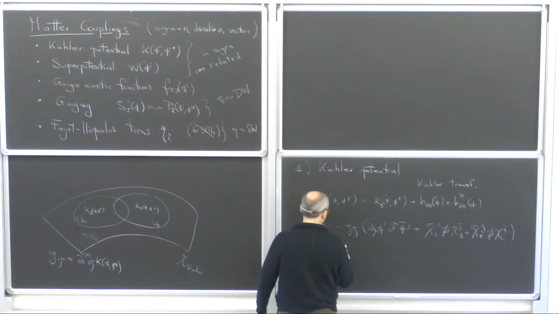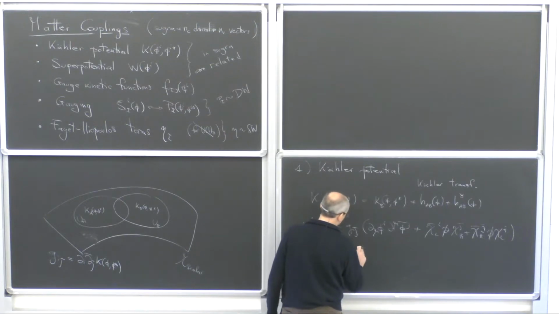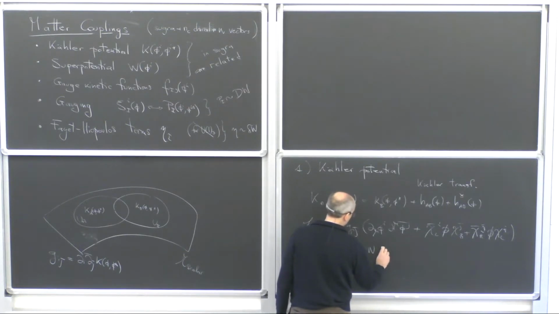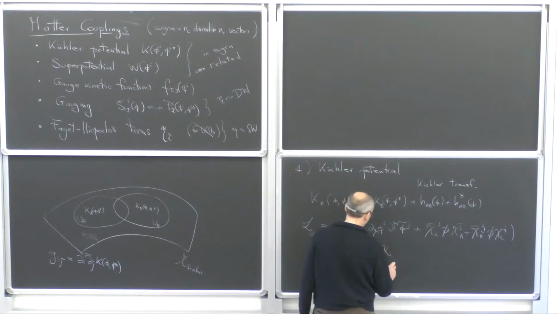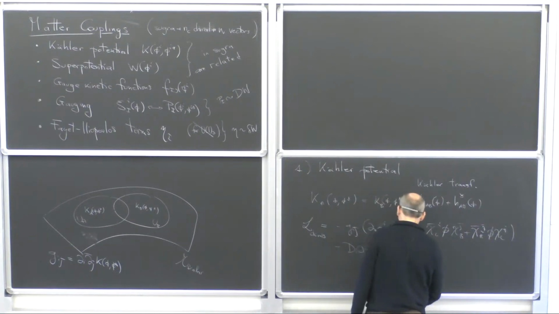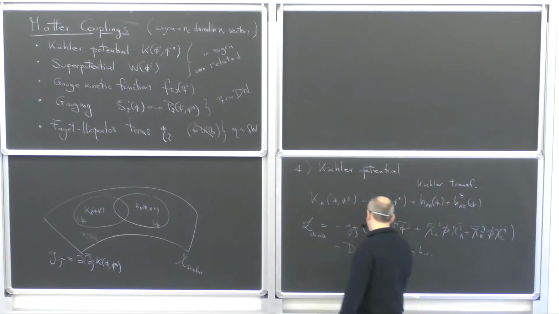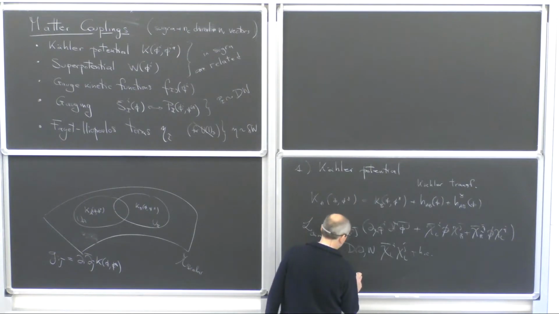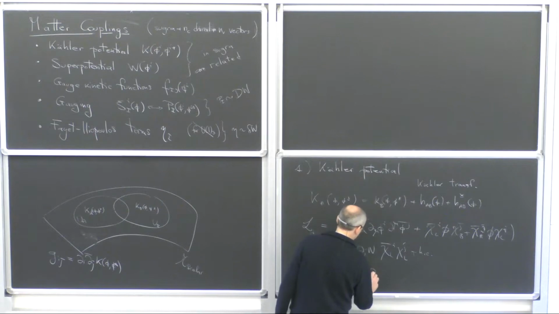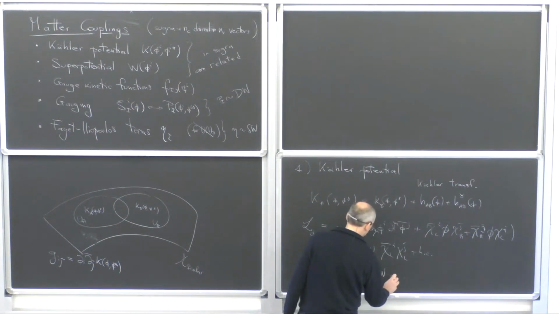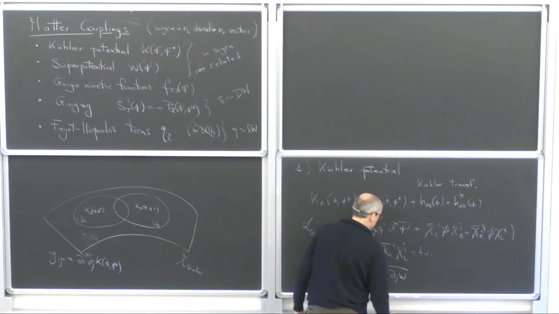We said you might have some mass terms for the fermions coming from the superpotential, and you will have a scalar potential coming again from the derivatives of the superpotential.